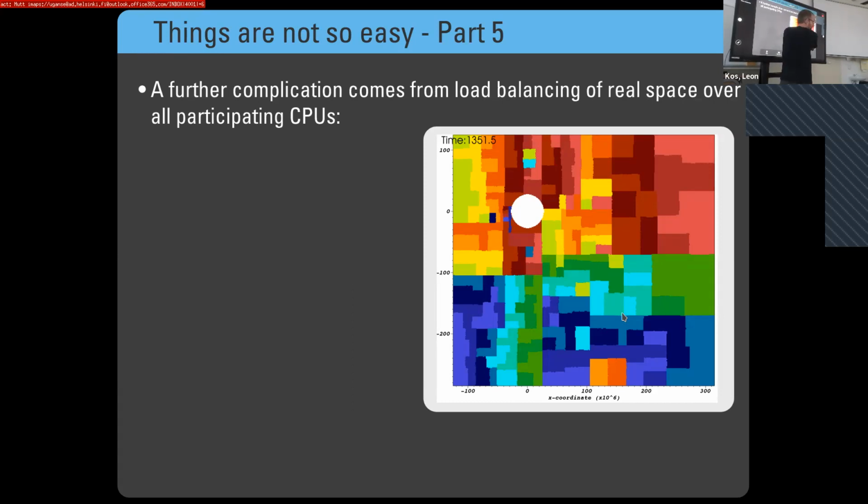And this is being done recursively until you reach a tree of the size that corresponds to your number of ranks, and then these cells are assigned and the data being transferred. This has a nice advantage because as stuff flows through and the load grows here, then eventually this interface will move a little, but not a lot. So not a large number of cells will have to jump over.